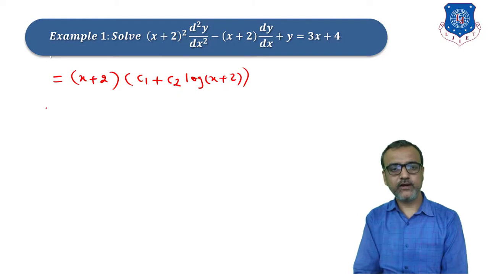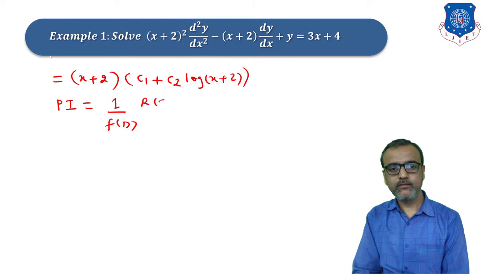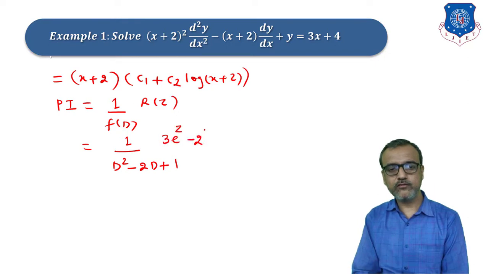Now we will find out PI. PI equals 1 upon f of D times R of z. 1 upon f of D is 1 upon D square minus 2D plus 1, and R of z is 3 e raised to z minus 2.